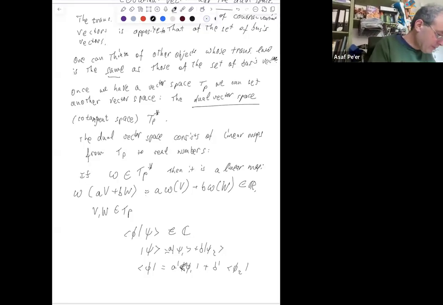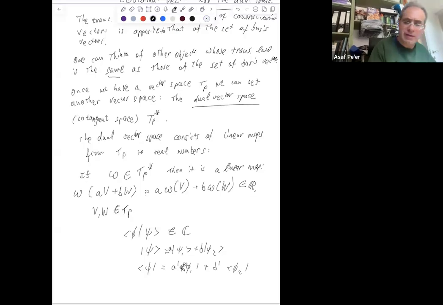Let me, because we need to get somewhere before we close this, I'll come back to them. I'm not going to forget you. So this is actually what I want to say now: these maps by themselves form a vector space.